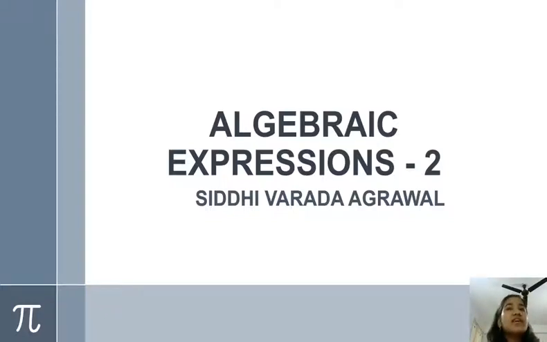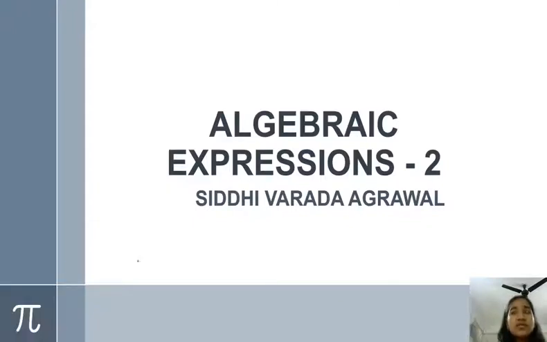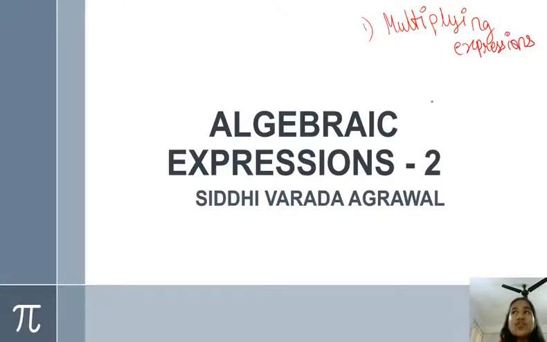Basically, we are going to cover three major topics. Let me tell you what those three topics are. The first topic is multiplying expressions. So we are going to multiply the expressions.